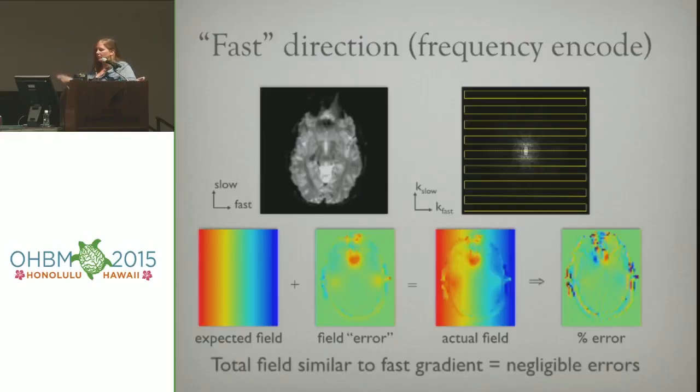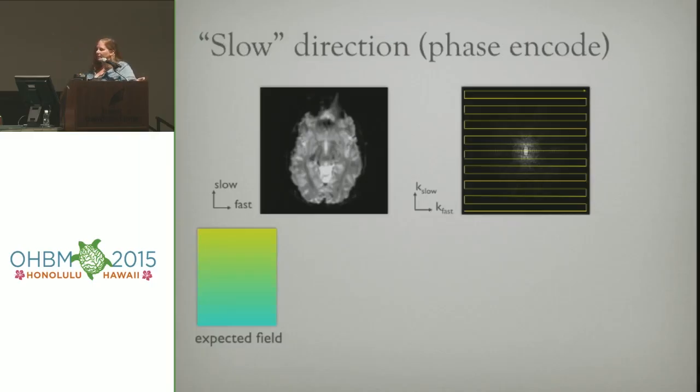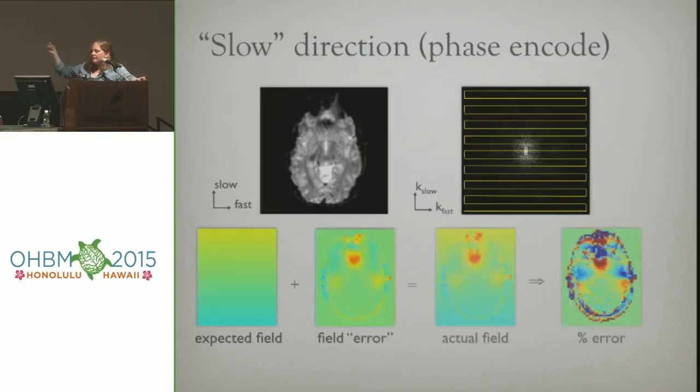On the other hand, if we look along the slow direction, the phase encode direction, so this is where we're going from bottom to top, this is a low gradient. You can see here the range of fields that we have according to this color map is much narrower. And as a result, when we have an error on top of that, the net field that we get, the actual field, looks more like this.